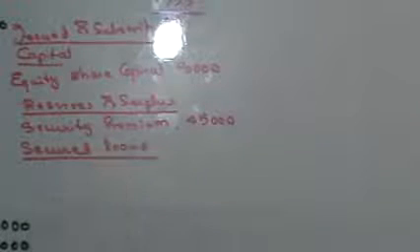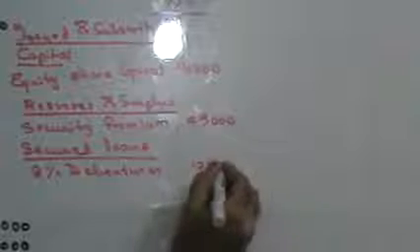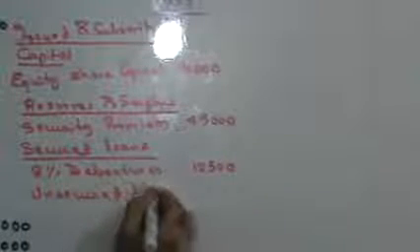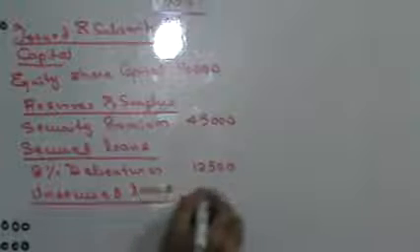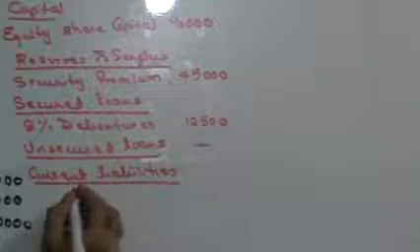Under secured loans, the new 8% debentures that you issued, of 12,500. Unsecured loans, not there. Current liabilities. Under current liabilities, you have creditors, 2,000. That's it. Is there anything else? No.